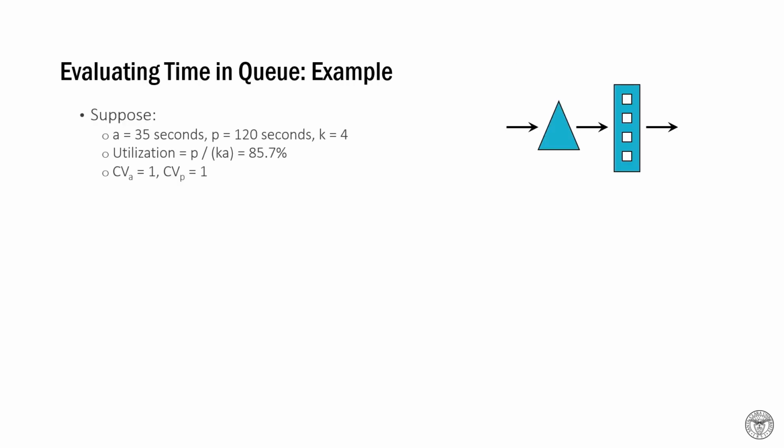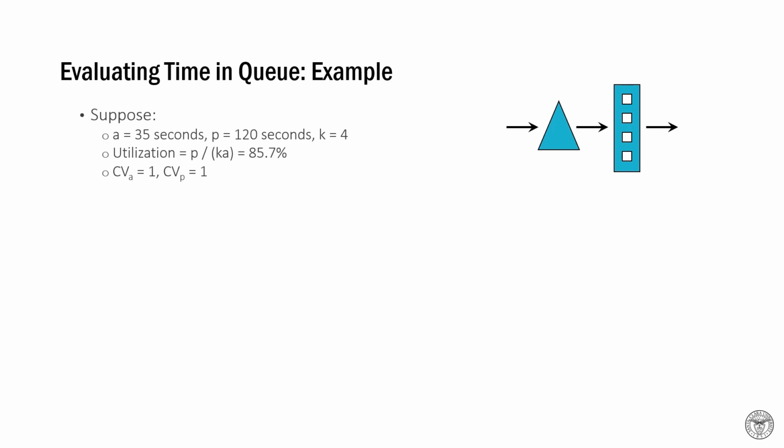To illustrate the application of these equations, let's consider an example where we have an inter-arrival time A of 35 seconds, an activity time P of 120 seconds, and K, the number of servers, at 4.